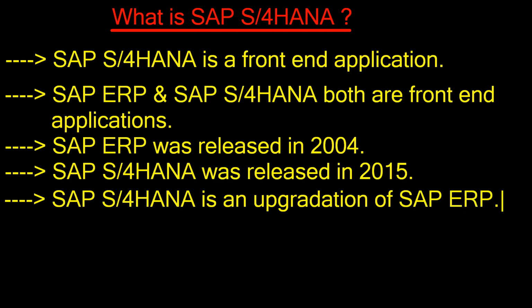In simple words, what is S4 HANA? SAP ERP was released in 2004, which means 22 years back. Nowadays the market is very competitive, so 22 years back we treat as old, because presently we are in 2026. Many technologies are coming in the market, so SAP upgraded the application. The ERP application is upgraded to S4 HANA. So S4 HANA is an upgradation version of SAP ERP.